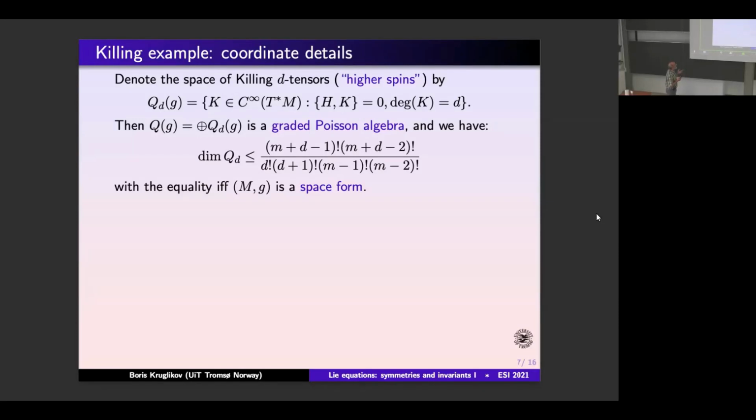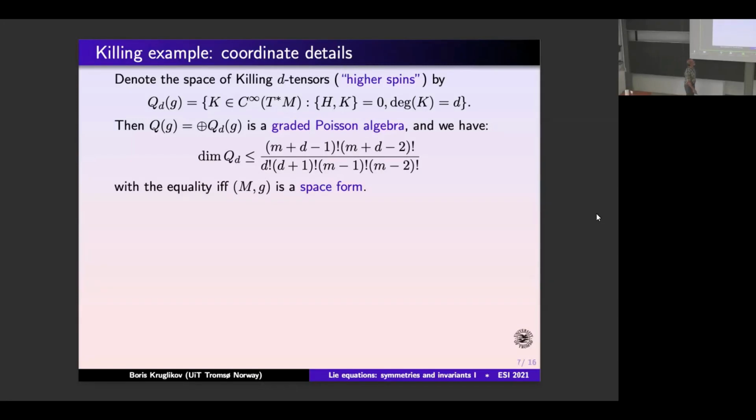So here's the counting. Here's actually the maximal possible dimension for Q_d. That's the dimension of the previous Young tableau on the previous page. And this maximal dimension is achieved if and only if M has constant curvature.